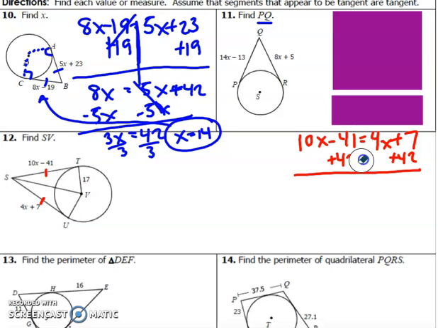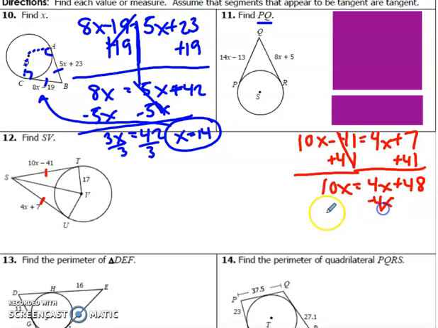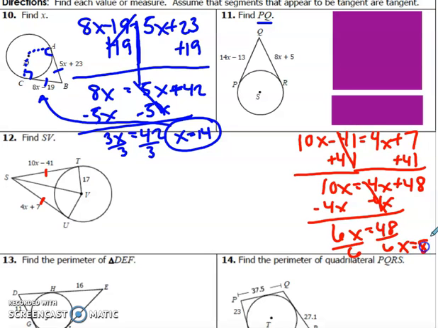That is definitely a 1. Subtract 4x. 6x will equal 48. And 48 divided by 6 is going to be 8.